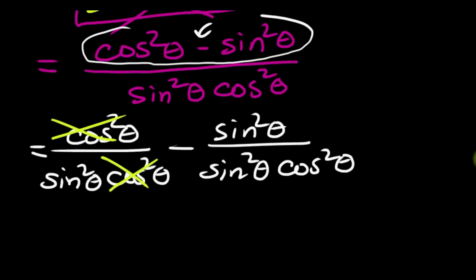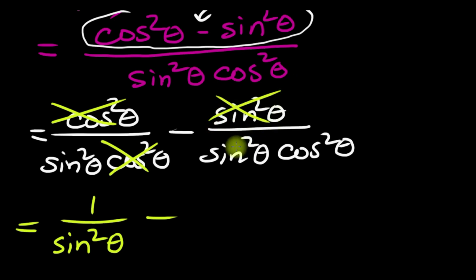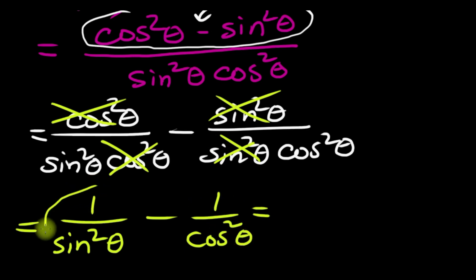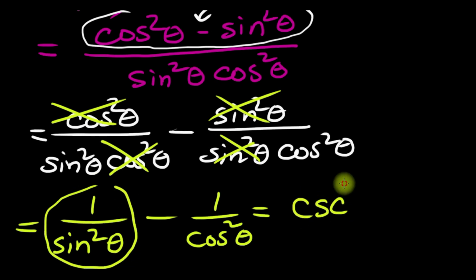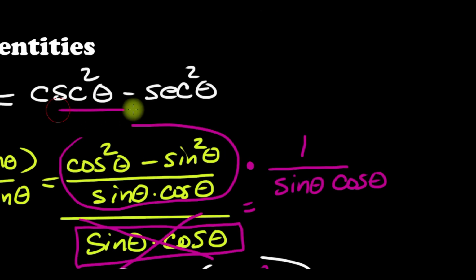So you end up with 1 over sine square. You can cancel the sine square, so you're at 1 over cosine square. Oh, look at that. Now 1 over sine square is going to be cosecant square. And then 1 over cosine square is going to be secant square. Look here, it's the same.